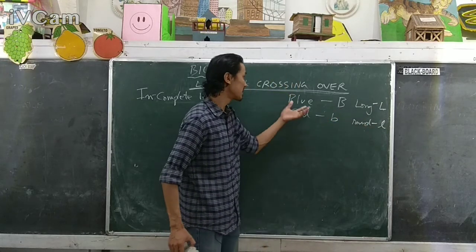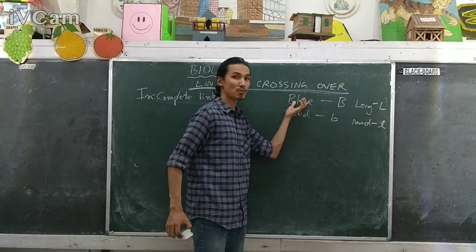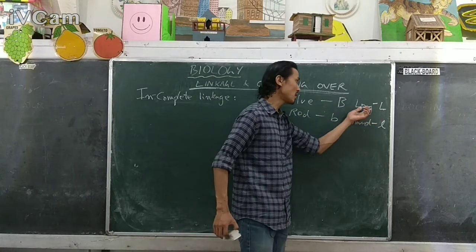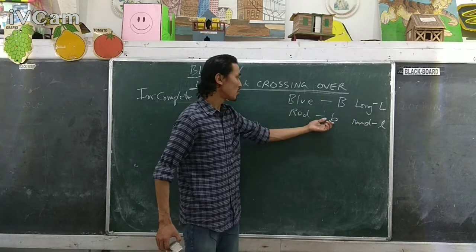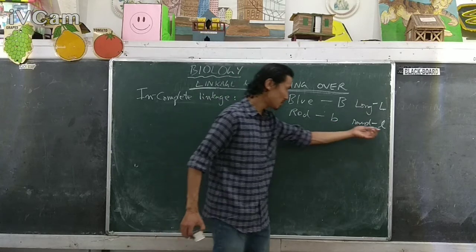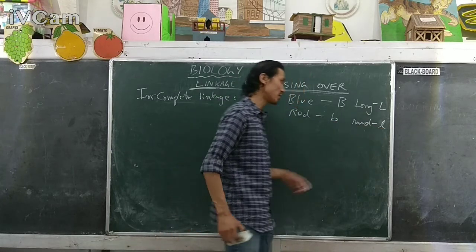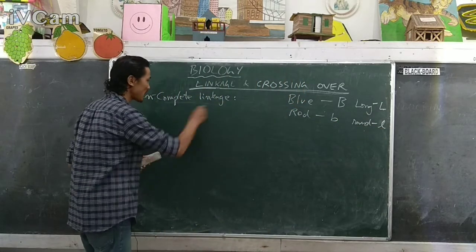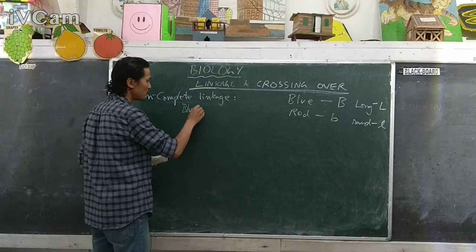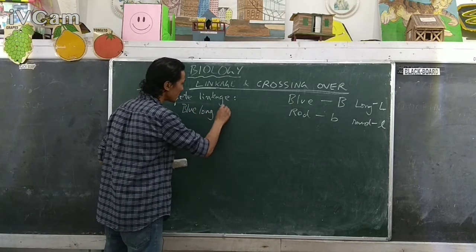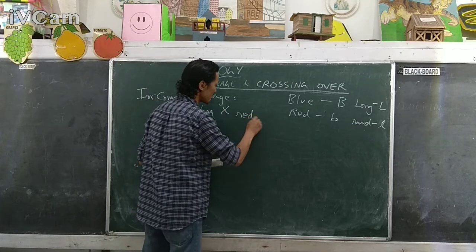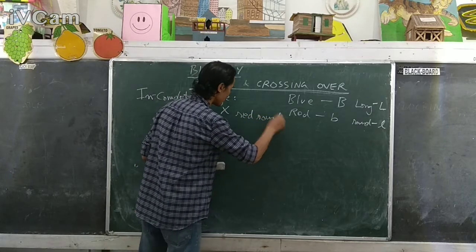These are the genes that are designated. Capital B represents blue color, capital L represents long pollen grains, small b represents red color, small l represents round pollen grains. So normally what I do is cross a blue long with a red round.